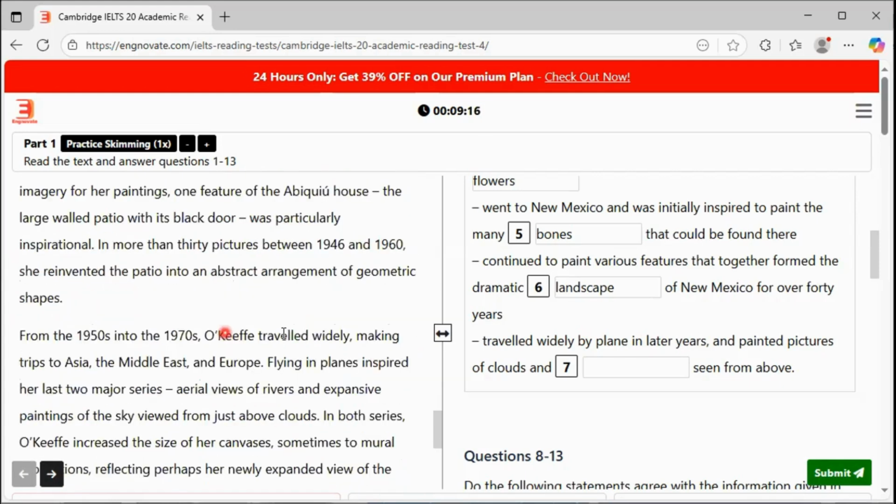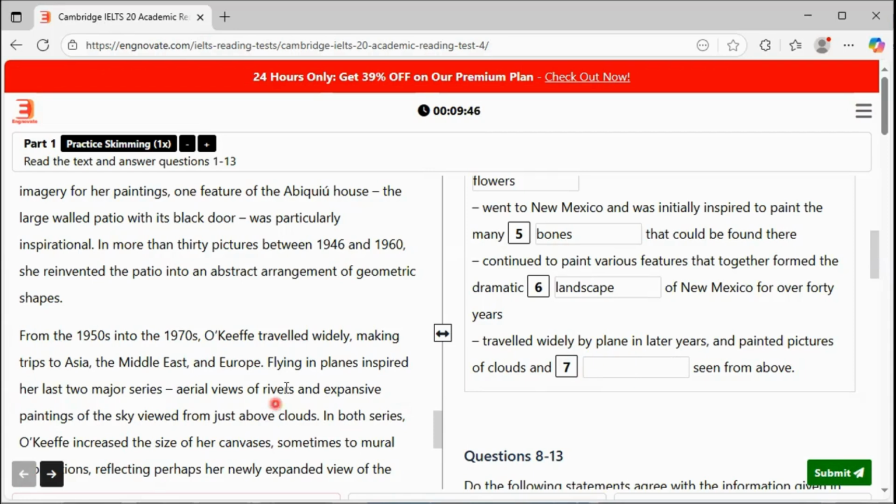Okay. Traveled widely, making trips to Asia, flying in planes, inspired her last 2 major series. Aerial views of rivers and expansive paintings of the sky viewed from just above clouds. Okay. Traveled widely by plane in later years and painted pictures of clouds and rivers.